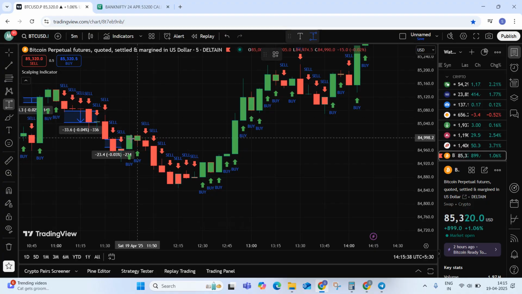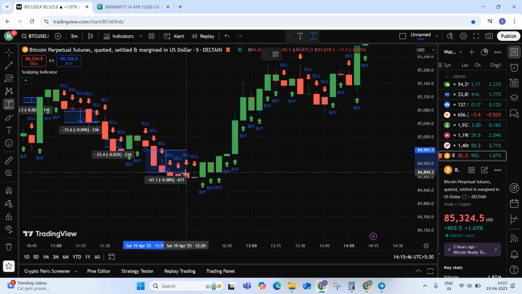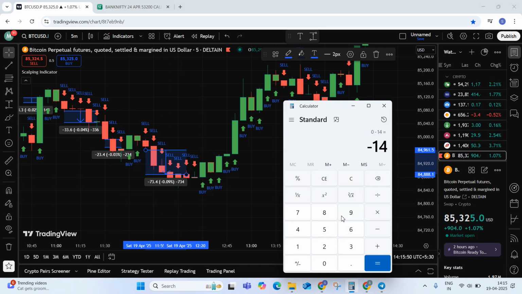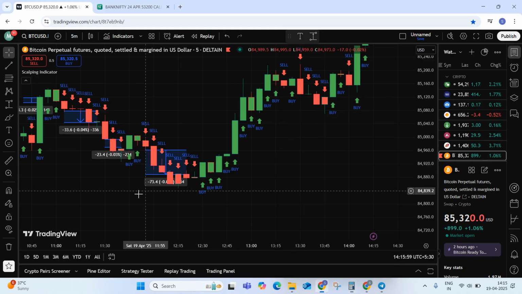Here we don't consider this buy signal because the next candle didn't break the signal candle high value. Here I will take a short position. Here I got 73. You can add it, 33 plus 23 plus 73, 115. 115 points we got as profit in Bitcoin.